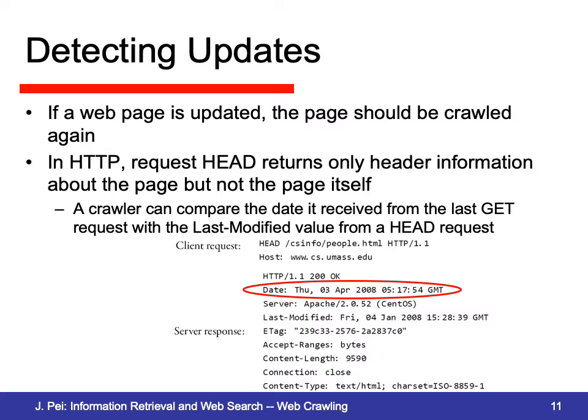In this way, the crawler can look at the head and check whether the page is updated before fetching the whole page, because the whole page itself can be huge. A crawler can compare the date it received from the last GET request with the last modified value from a HEAD request. As you can see here, the date in the red circle shows the last update time.